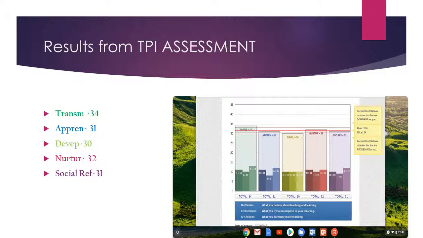Results from TPI assessment. As you can see, my results from my TPI assessment showed that I scored the highest in transmission, and my second highest score was in nurturing.